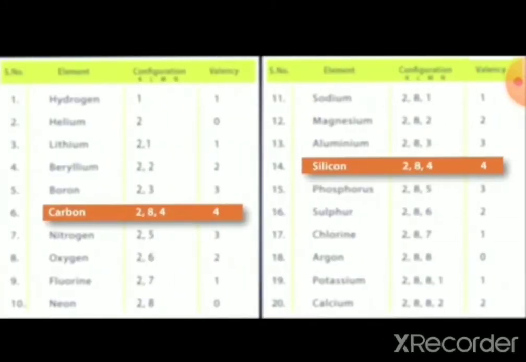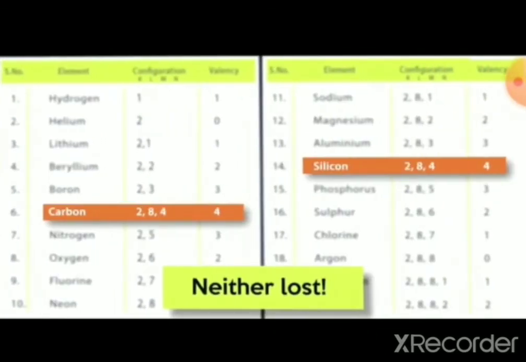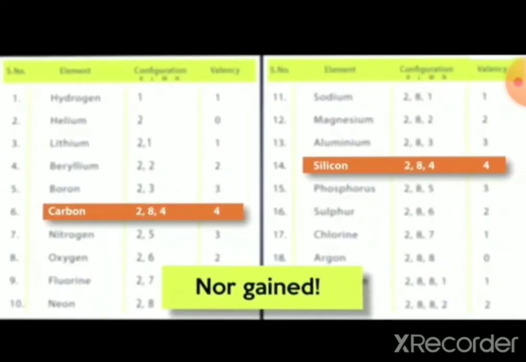Here are some elements which share their electrons, that is carbon and silicon, because they both have 4 electrons in their outermost shell. Here carbon and silicon neither lost any electron nor gained any electron.